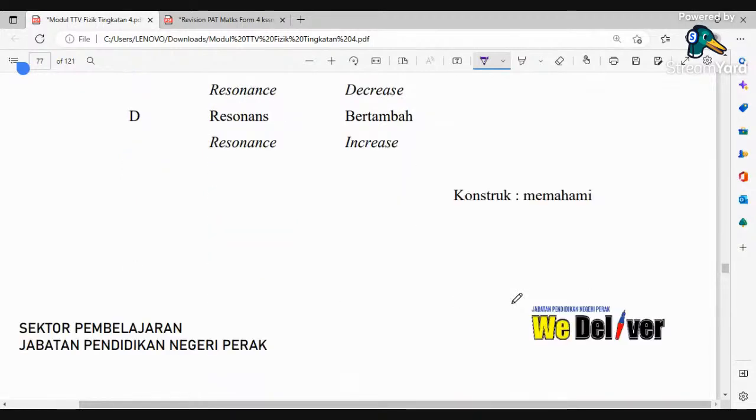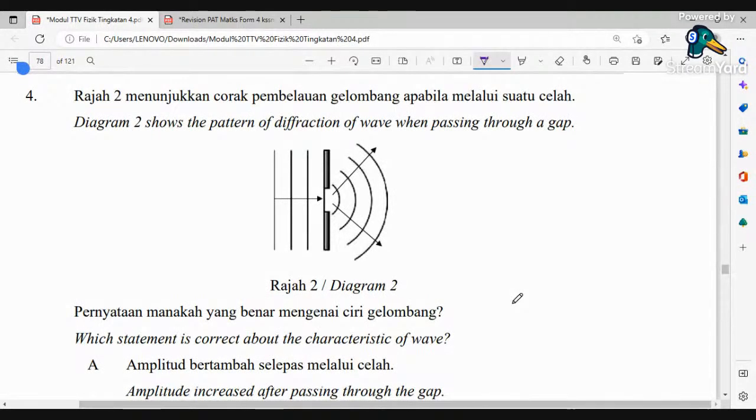Number 4, diagram 2 shows the pattern of diffraction when a wave passes through a gap. This is the size of gap A. Which statement is correct about the characteristic of the wave?